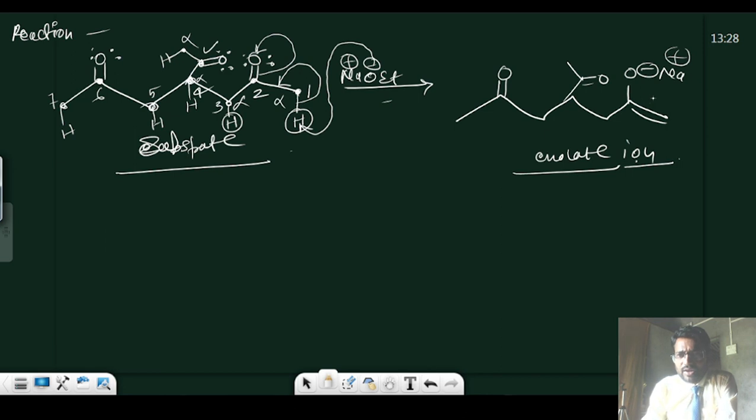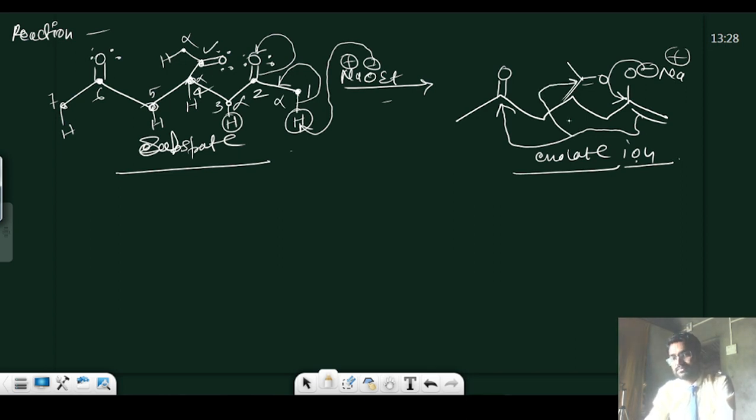These enolates are generally unstable. When this anion comes back, this pi bond will break and attack on this carbon system or that carbon system.